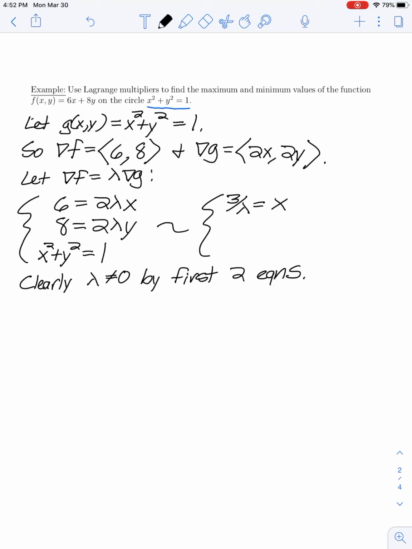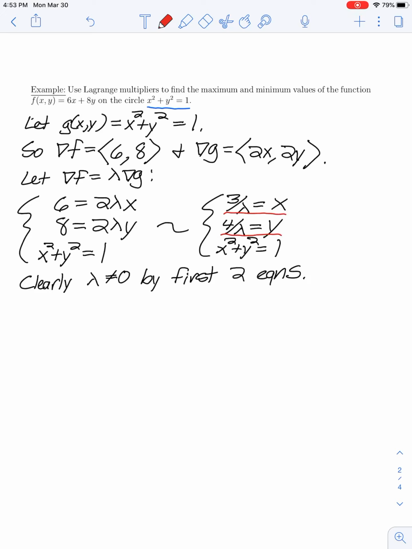If I divide my first equation by 2 lambda, I have 3 divided by lambda is equal to x. If I divide my second equation by 2 lambda, I have 4 over lambda is equal to y. And we know that the sum of x squared and y squared has to equal 1.